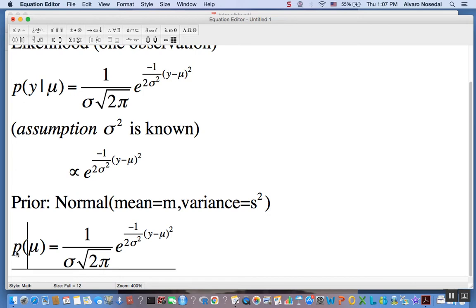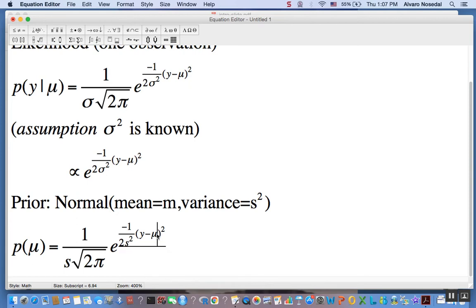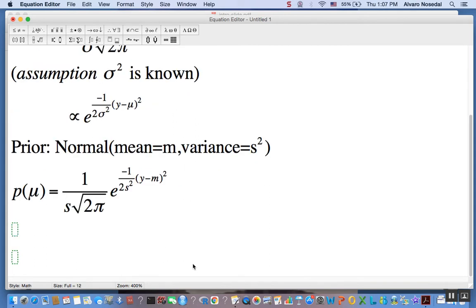So we have p of mu, the PDF for mu, is going to be 1 over the square root of 2 pi times s. We are going to have an s here as well, and instead of mu we will have an m here. So that's it. We have our first two ingredients.